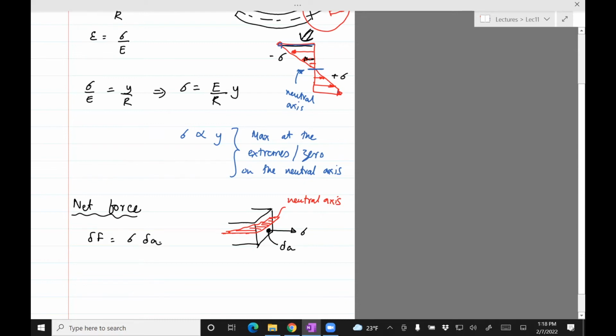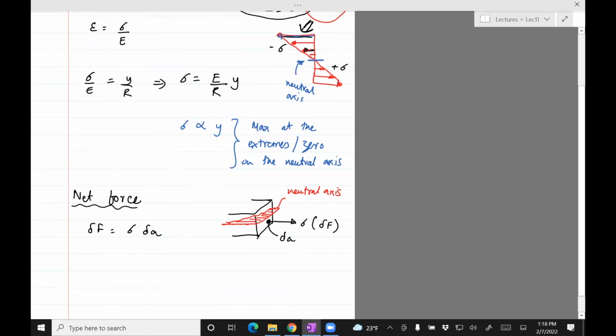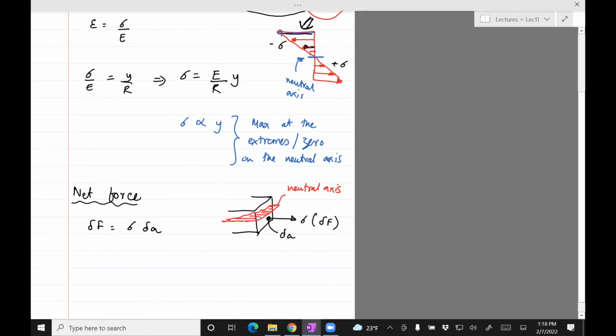Definition of stress is force per unit area. So the force is delta F, area is delta A, and of course the force is in the same direction as stress. So that's the force on a small element of the beam. And if you want to find the force on the complete cross section of the beam, then we need to integrate that expression over the complete area.